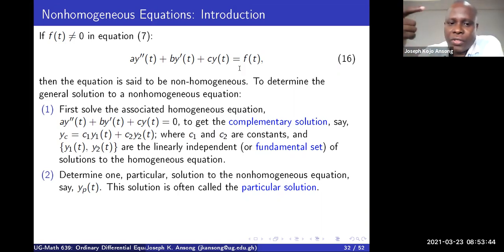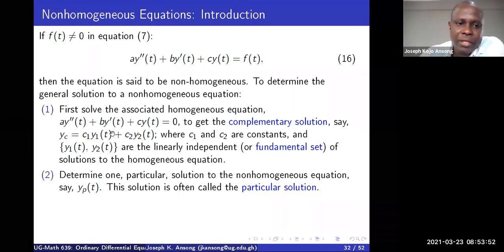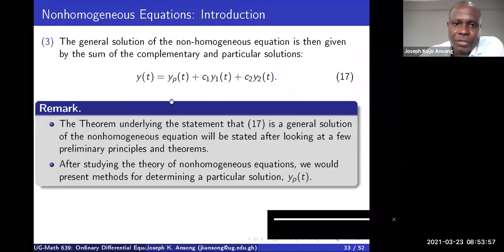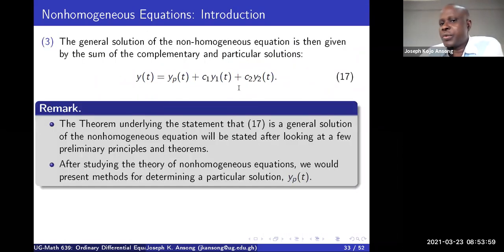Once you have the complementary solution, which is yc, and then you have one particular solution, yp, then you add them together, yp added to the complementary solution, and that gives you a general solution to the non-homogeneous equation. So this is the general approach to solving the non-homogeneous equation. Good.